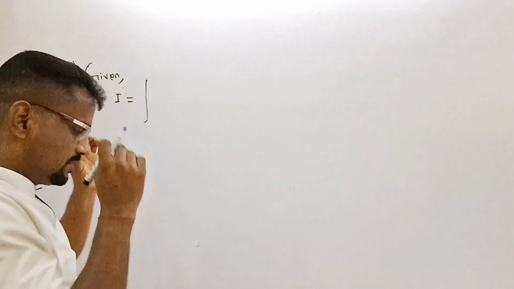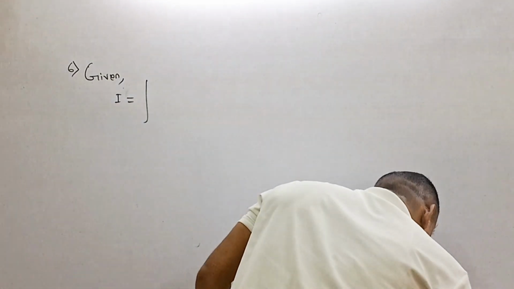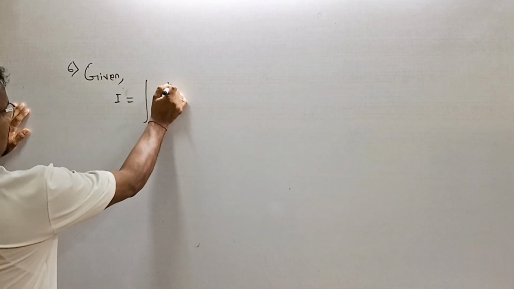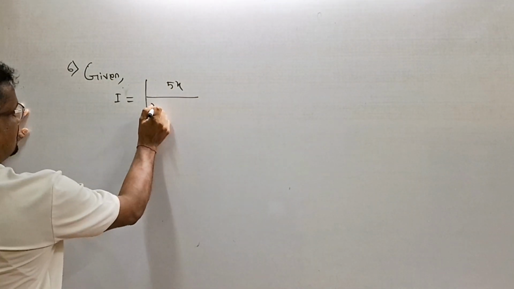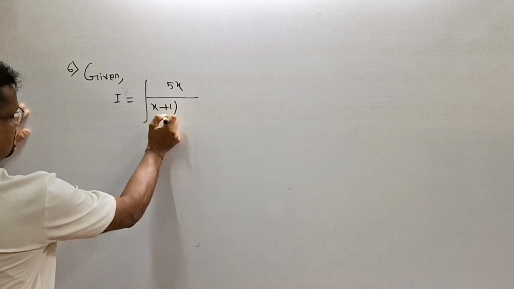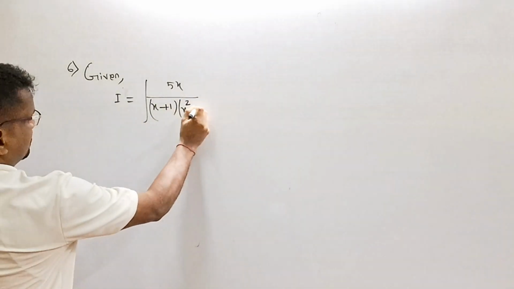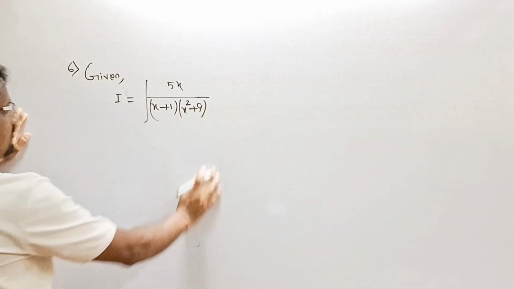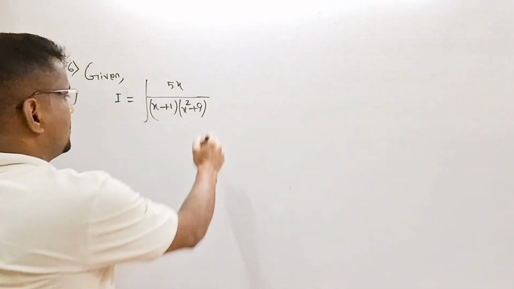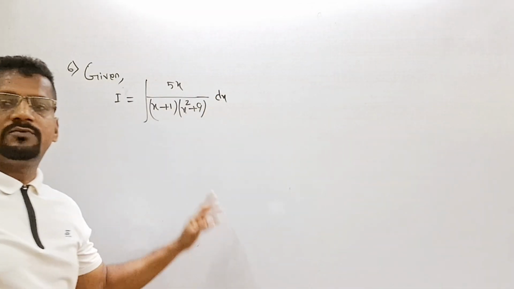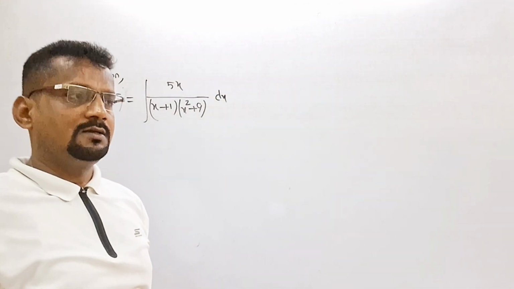The integrand function is given as 5x by (x plus 1) into (x square plus 9). This is your integrand with respect to x, and we are to find out the value of this.